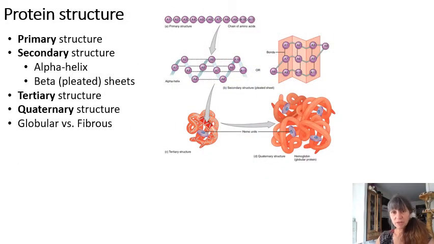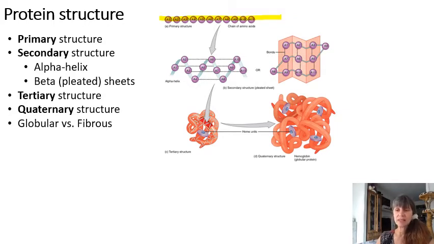Proteins, as they're being formed, go through a process of turning into different structures. The initial chain of amino acids is referred to as the primary structure of a protein. It's just simply a chain of amino acids.